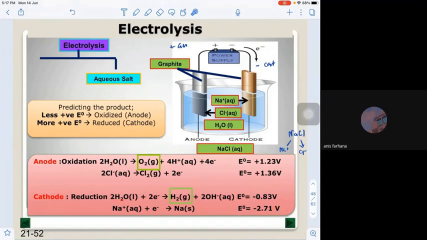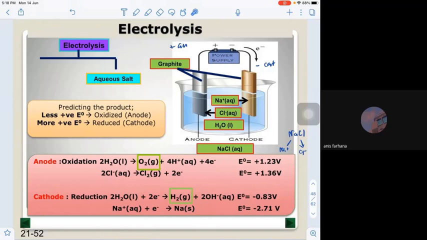Then we look at them one by one, starting with the cathode. We have to remember the rule from when we discussed the voltaic cell last time: the more positive the E naught value, the more readily the reduction occurs. So for the reduction at the cathode, there is a competition between these two. We know that this is an electrolytic cell, but this is just the competition at that specific electrode.